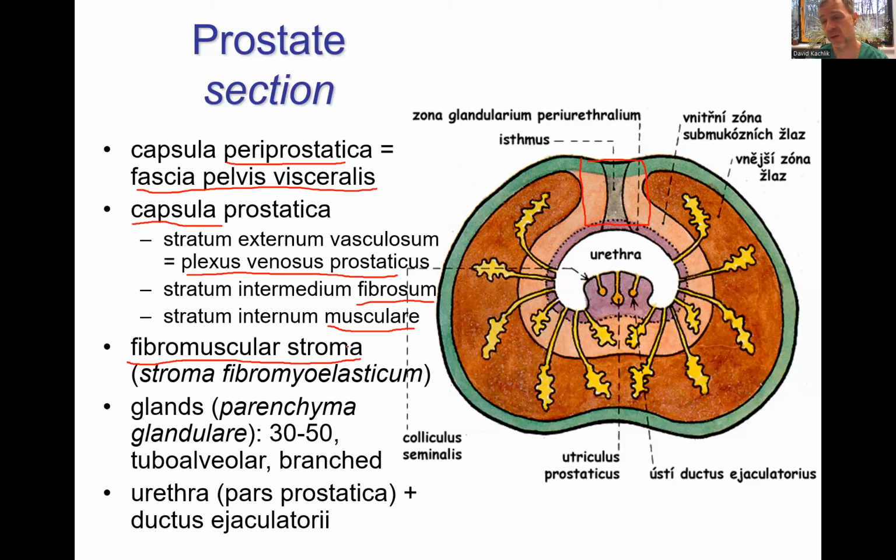And this also allows the glands to be emptied during ejaculation. So there's the fibromuscular stroma, unique for prostate, and then glands. And these glands, which are arranged, as I said, as mucosa, submucosa, and principal, histologically are branched tuboalveolar, and they drain into urethra.